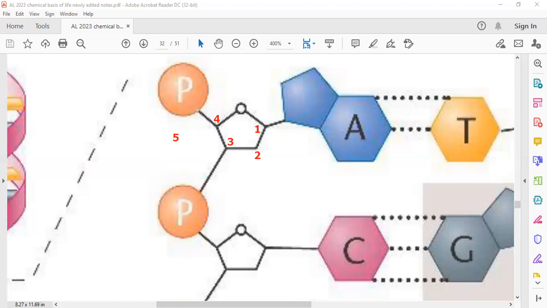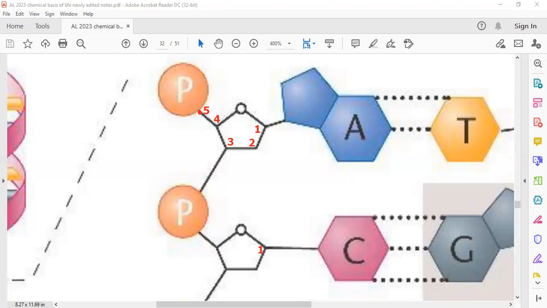If we want, I can make a small dot here and mark that one as the fifth carbon. The fifth carbon is connected to the phosphate group. Once you come again, here is the first carbon.